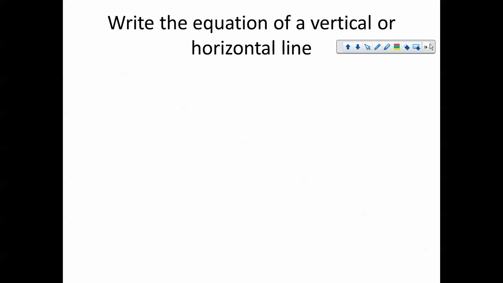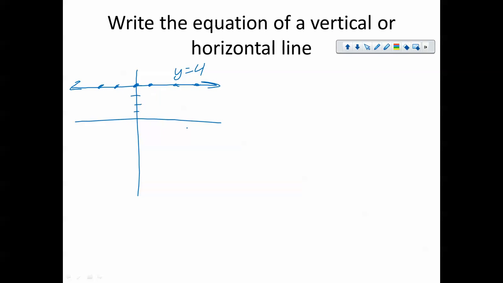Vertical and horizontal lines. We're just going to briefly talk about this because we've talked about them often before. If I have a horizontal line that crosses y = 4, notice that these are all of the points where the y value equals 4.